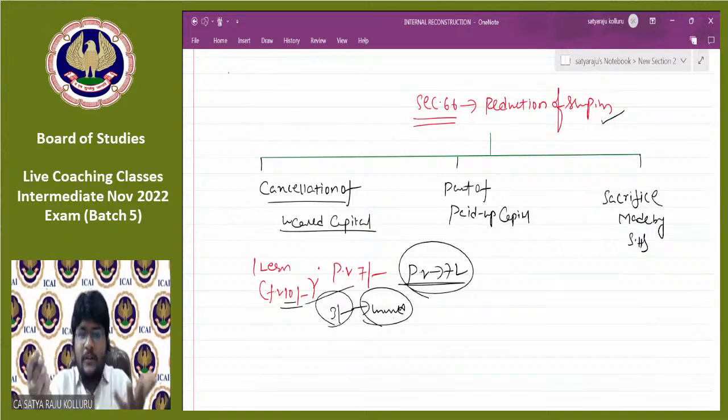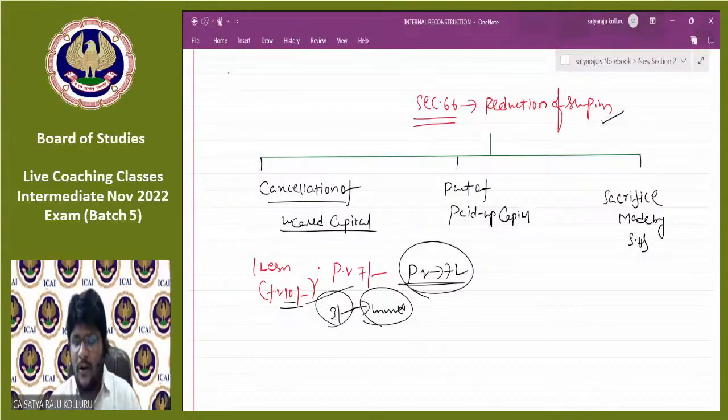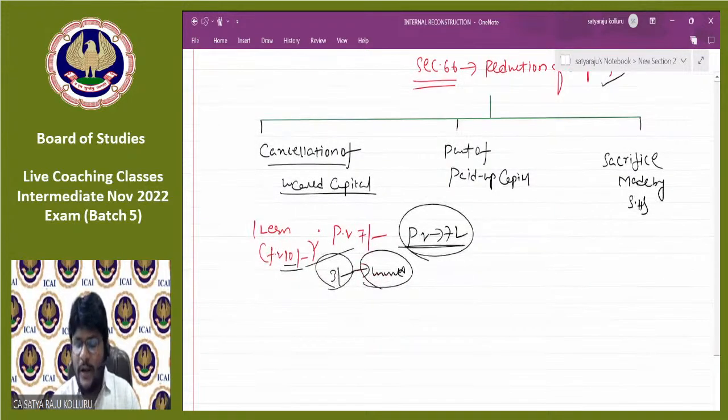That means the future capital is going to be impacted by the decision of cancellation of uncalled capital, which also forms part of reduction of share capital only. So what is the journal entry we need to provide here, sir?